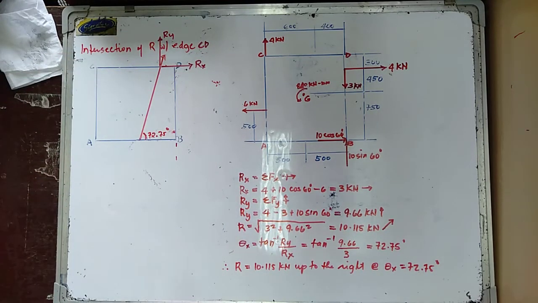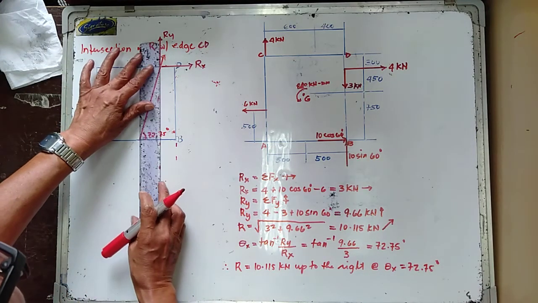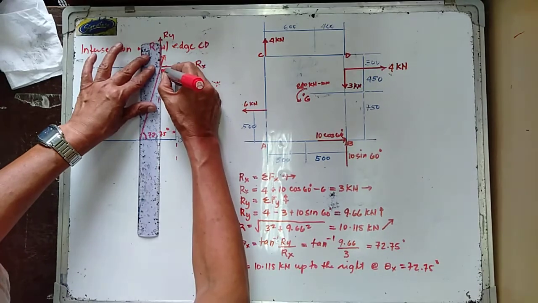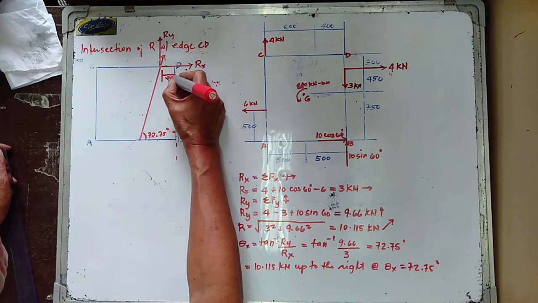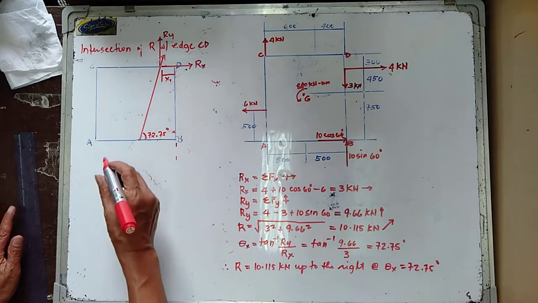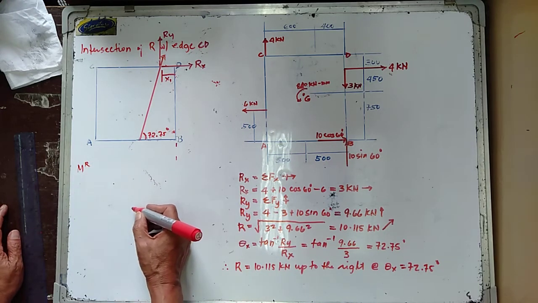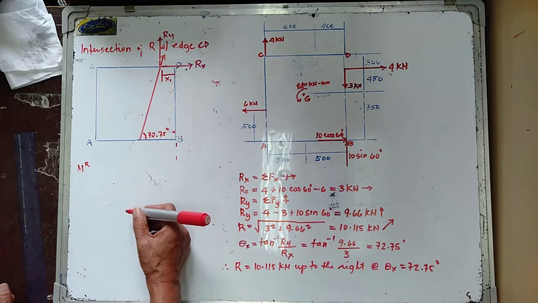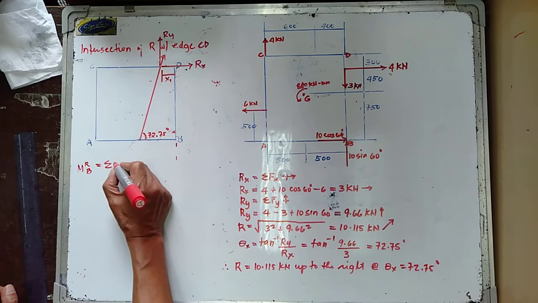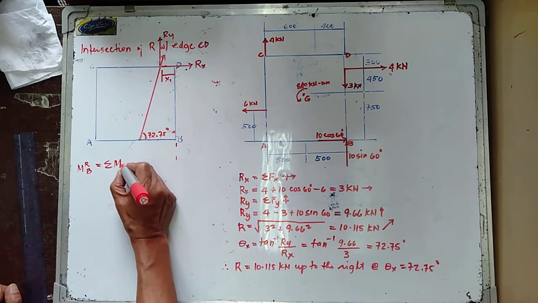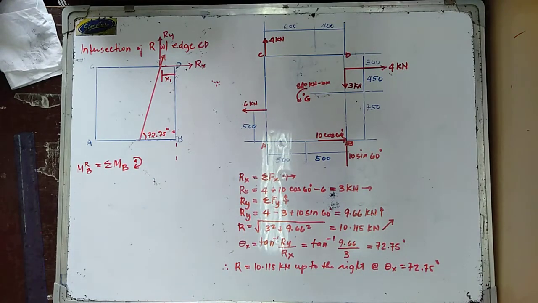Now, let's try to determine. I am going to consider that this distance of Ry from point D is now equal to x1. So if you're going to get moment of the resultant about point B, it is equal to the summation of moment of all the forces acting on the plate about the same point B, taking clockwise moment positive.